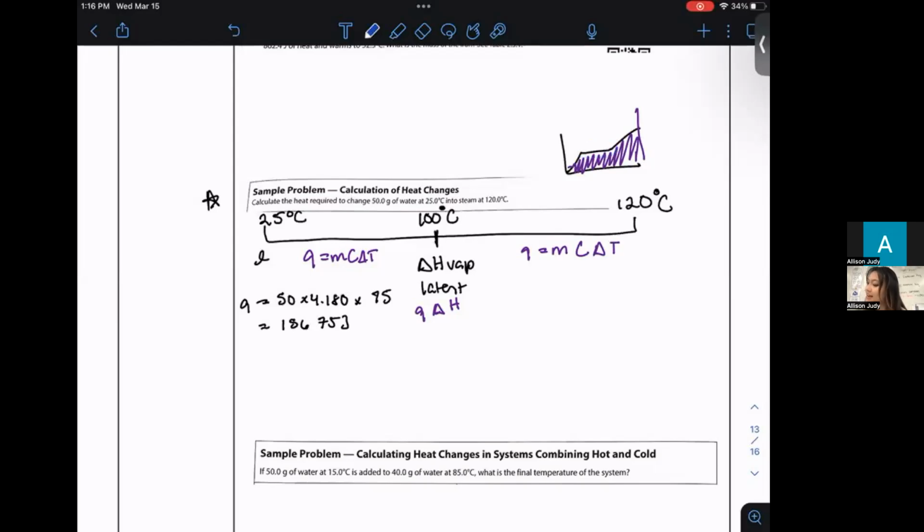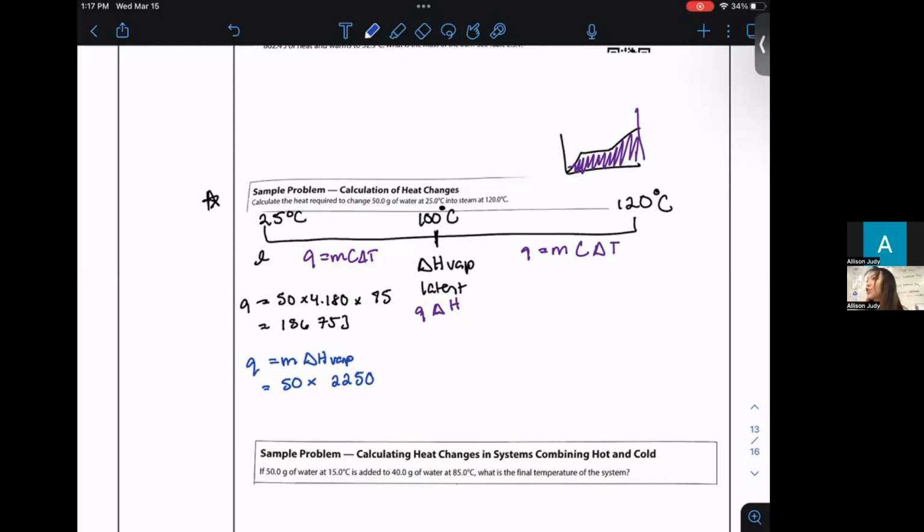Then you had to do the heat during the plateau portion, where heat is being used to even break the IMFs. This is where we have this adjusted Q calculation where you don't have a change in temp, but you do have heat that goes with the process of vaporization. So you do mass times heat of vaporization. So 50 times the heat of vaporization for water, which is 2,250 joules per gram.